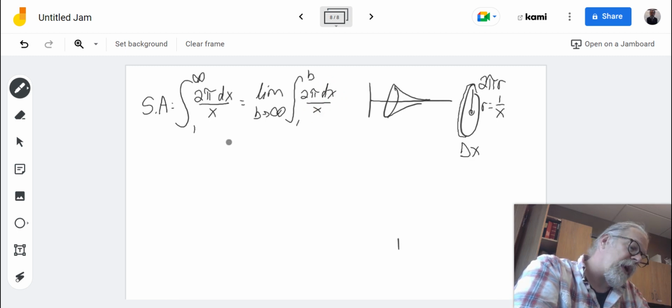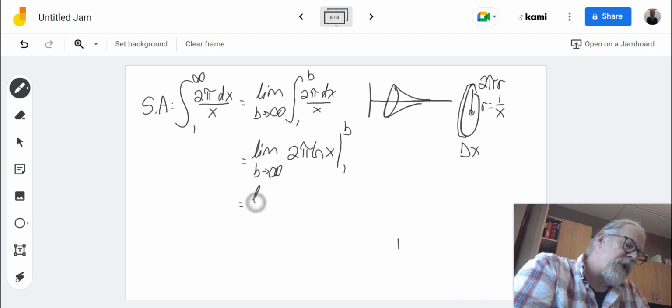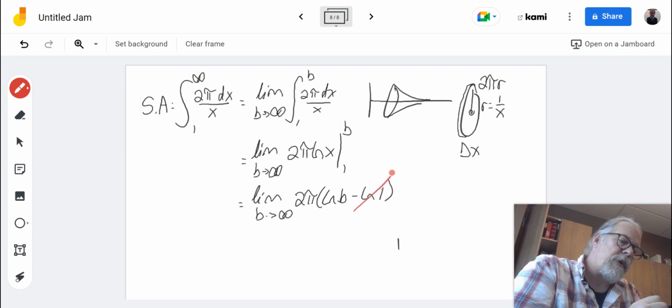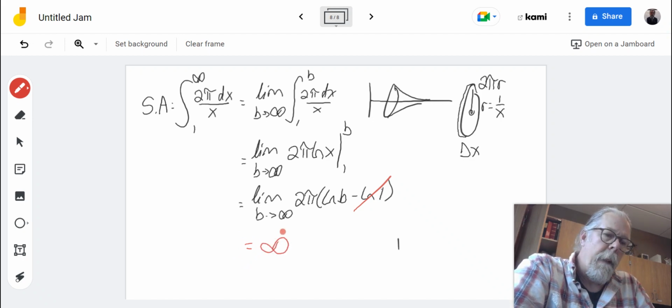But this is the limit as b goes to infinity of 2 pi natural log of x from 1 to b. This is the limit as b goes to infinity of 2 pi times natural log b minus natural log 1. Of course, we all know that natural log of 1 is 0, which means that this is infinite.